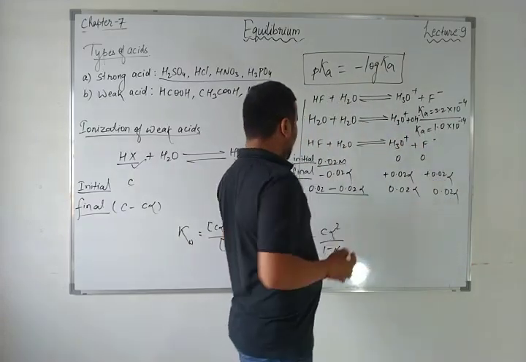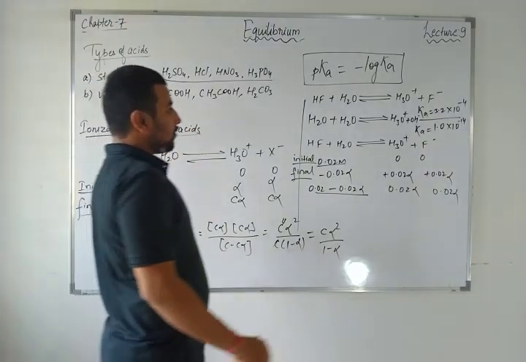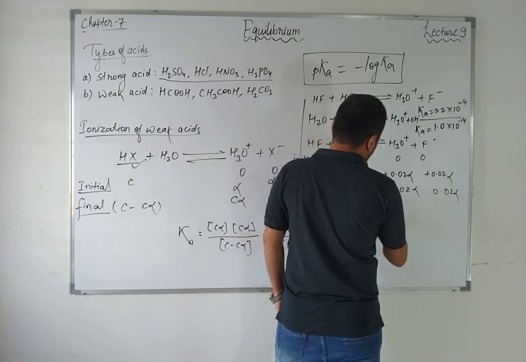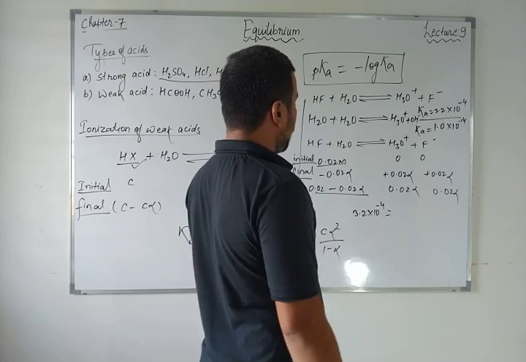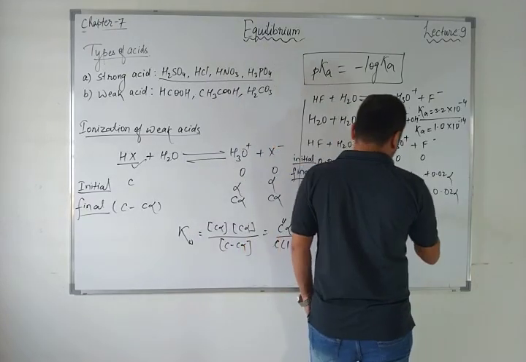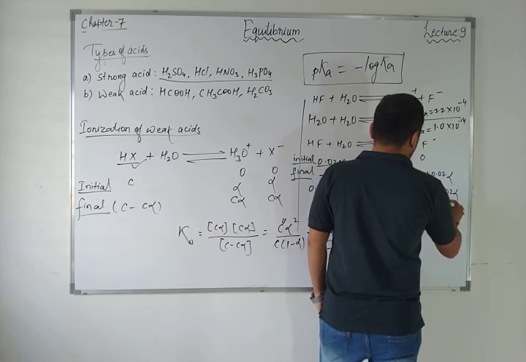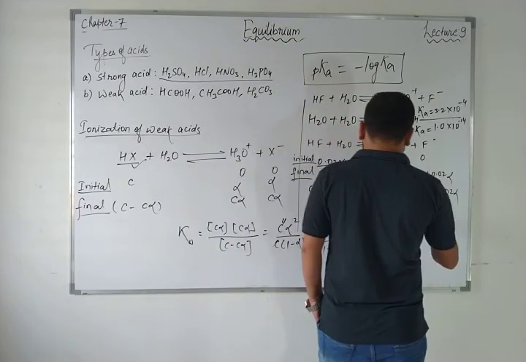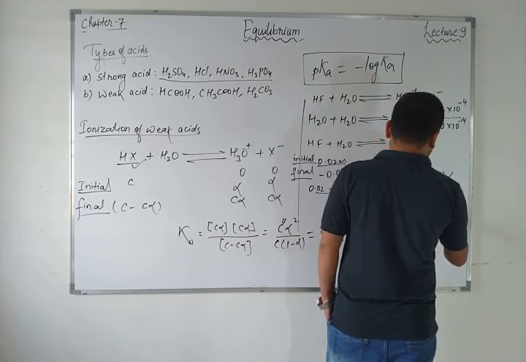Got it? Now we have to calculate this value. The rate constant value is already given, that is 3.2 into 10 to the power minus 4, equal to the concentration of products upon reactant. That is 0.02 alpha whole square upon 0.02 minus 0.02 alpha.